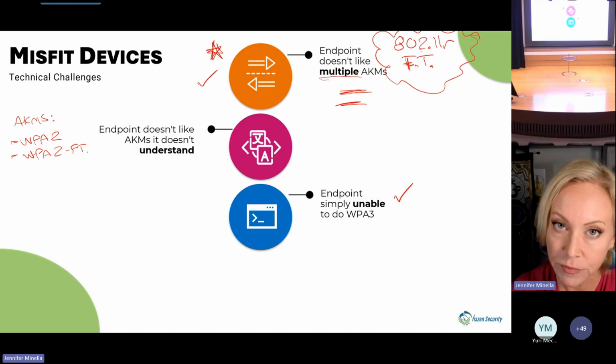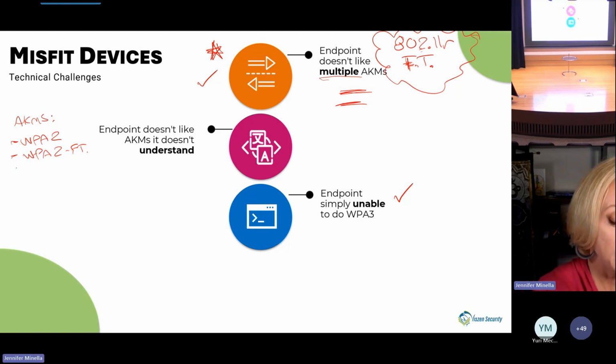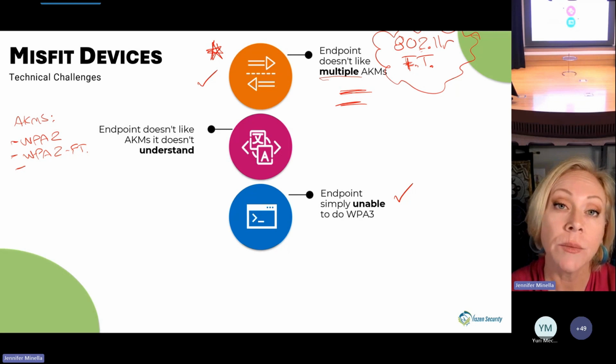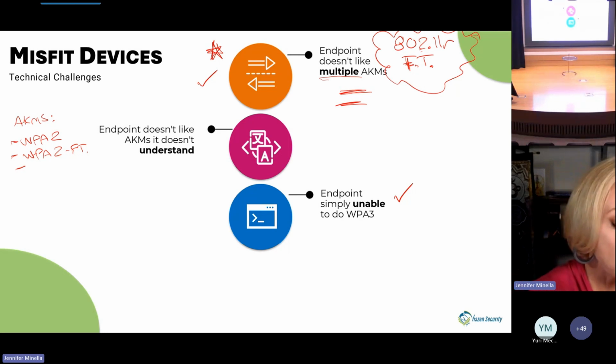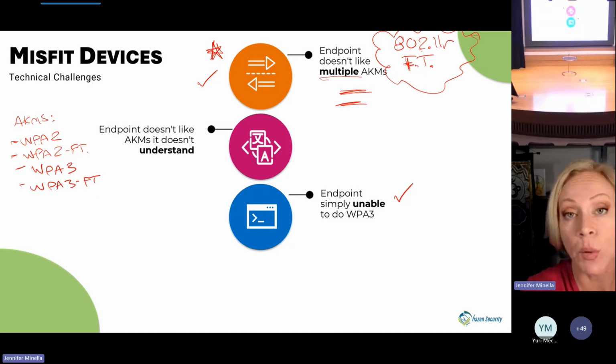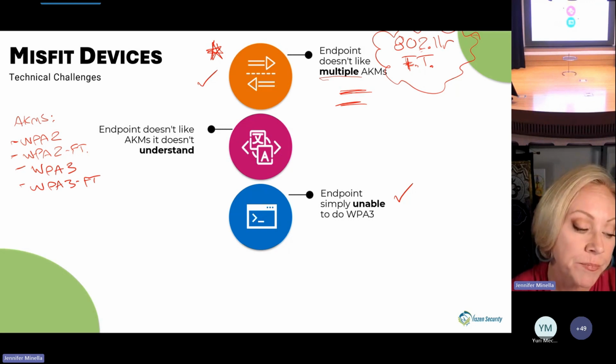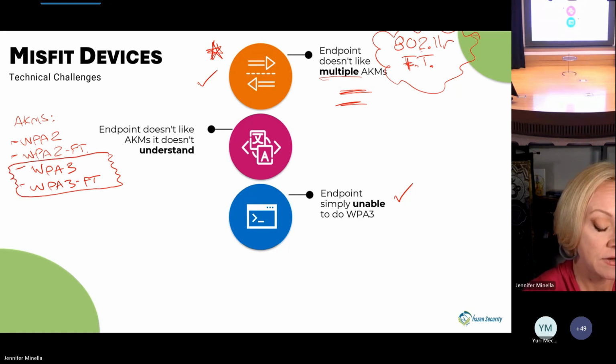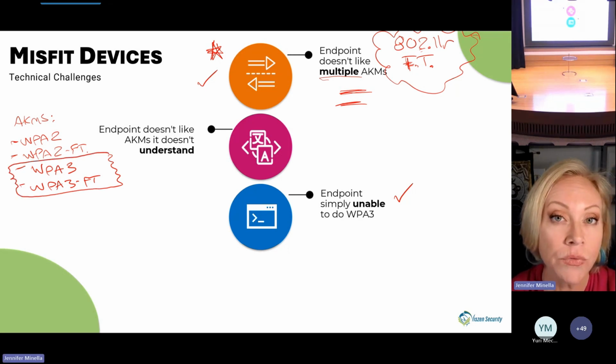I'm cool. So now we go, oh, it's a transition mode network, right? We can do WPA2 and 3. So now we have an AKM for WPA3 and maybe even also one for WPA3 FT. It doesn't really matter at this point. If that endpoint doesn't understand some of this stuff is new, right? It won't even try to associate to the transition mode network.